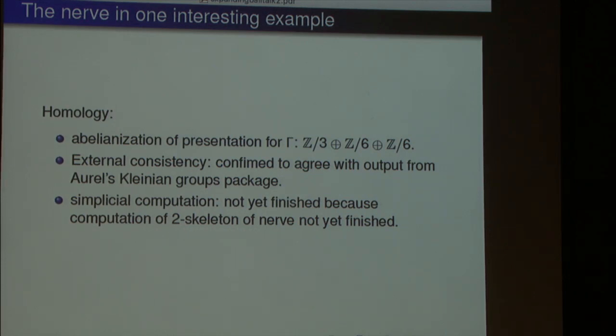We compared it to other software that you can use to compute with hyperbolic 3-manifolds, and sure enough, for this particular example, the first homology group agrees with those as well. Of course, at some point, we're going to venture into the realm of examples where computations are not yet known, but for now, there's this external consistency check. And as I say here, the computation starts to get difficult.